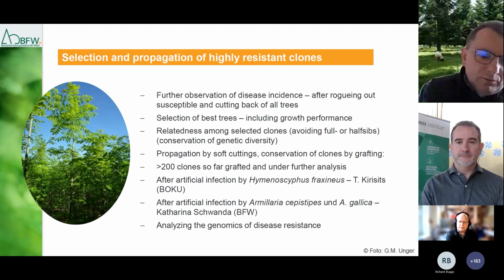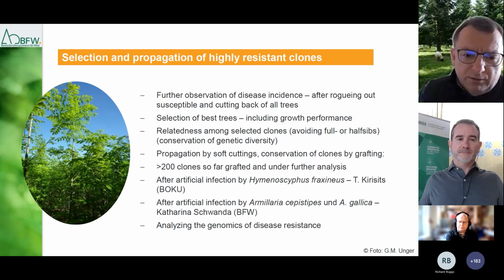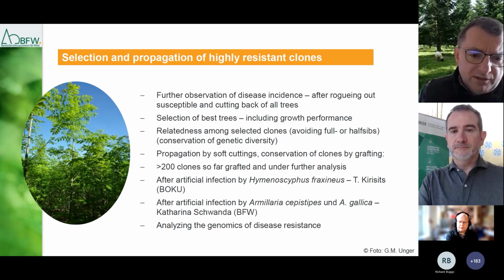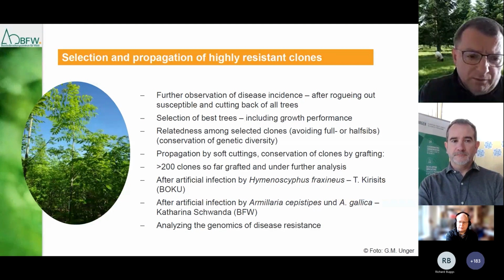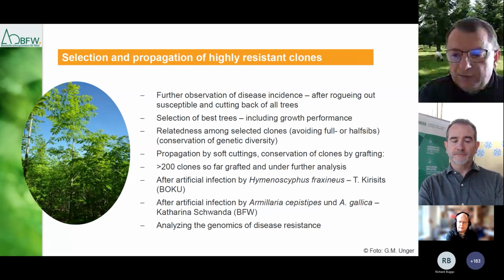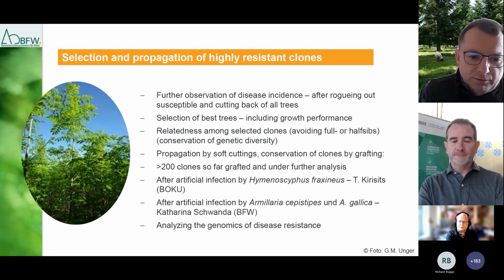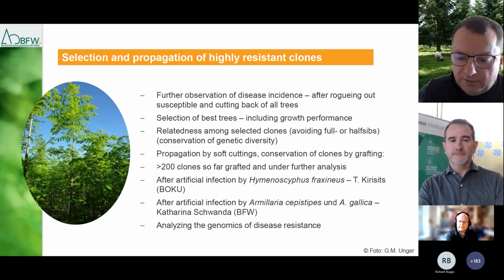Similar to the approach that Ben showed, we will also do artificial infections with Hymenoscyphus, but also artificial infections with Armillaria species, because these are very important when it comes to the root disease and then eventually the falling down of the trees.